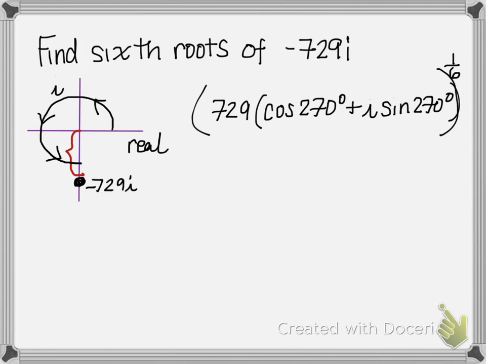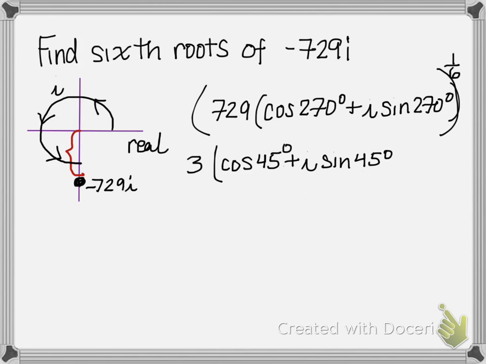So 729 to the 1/6 you would be able to find is 3. And then De Moivre's theorem says multiply 270 times 1/6 here, and that would be 45 degrees. And that would be the first of the 6 roots.